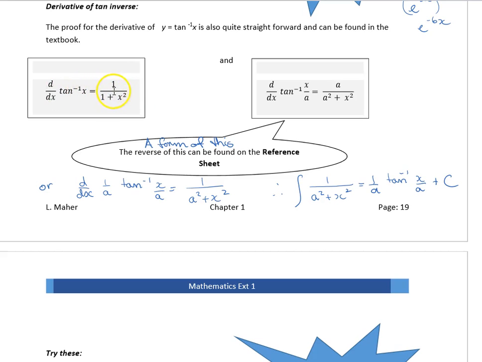Tan inverse of x goes to 1 over 1 plus x squared. The derivative of tan inverse x on a is a over a squared plus x squared. Neither of those are on the reference sheet. What is actually on the reference sheet is this one here.